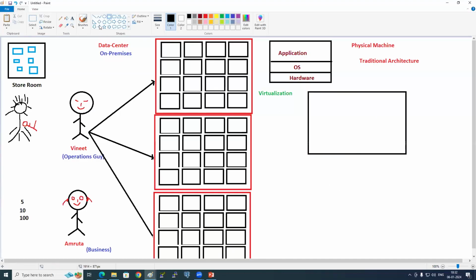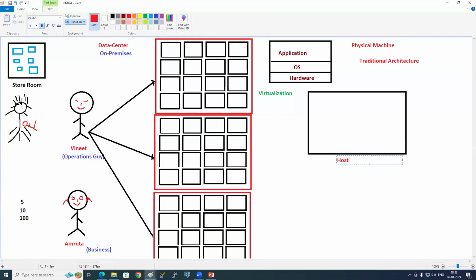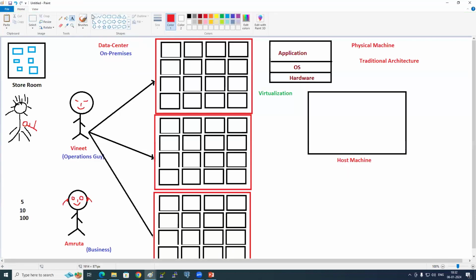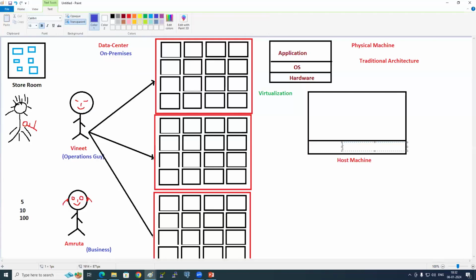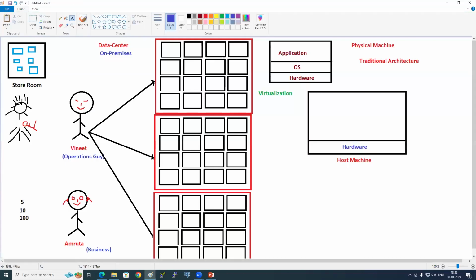So can we say this is a host machine? Host machine, server, everything is the same. This is called a host machine. Generally at the bottom, what do we have? Hardware. On top of it, what do we have usually?